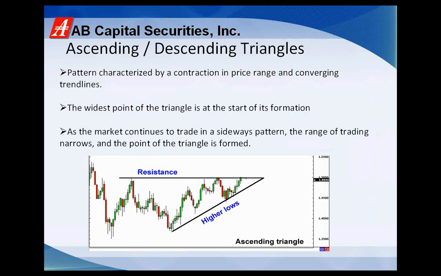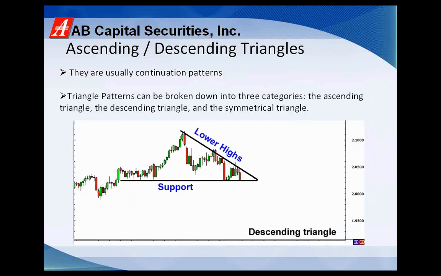Upon the breakout of the resistance level, which is the horizontal top here, you would see a continuation of the rally. Same for a descending triangle. It's a flat support level accompanied by a descending top.